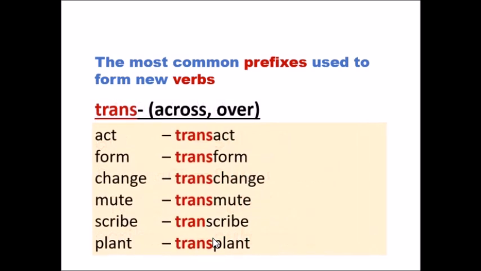The next prefix is trans, which means across, over, beyond or change. Let's see some examples. Act, transact. Form, transform. Change, transchange. Mute, transmute. Scribe, transcribe. Plant, transplant. So again, we have added a prefix to the verbs to form another verb or to change the meaning of the verb.